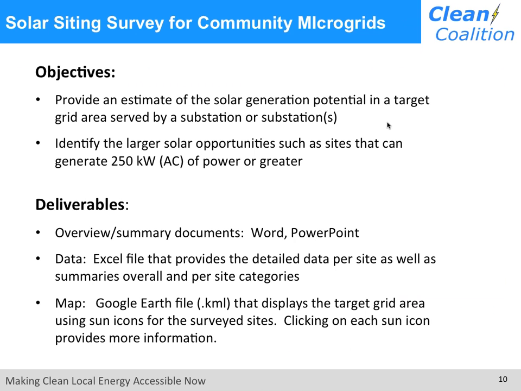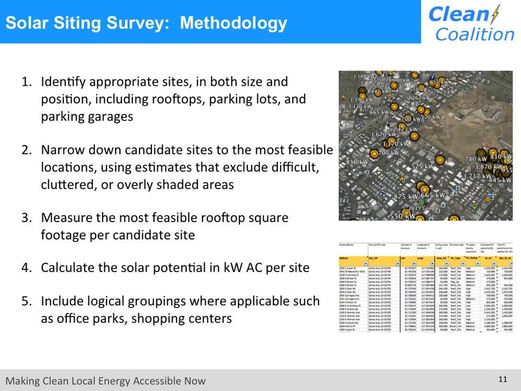We use a methodical and complete survey of the distributed generation potential within a target grid area. It's obviously specific to actual site characteristics. So we'll look at the solar potential, is there biopower, is there local wind available, what is available in that particular area.